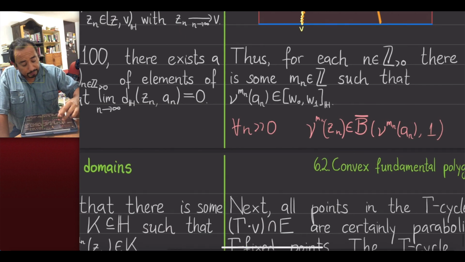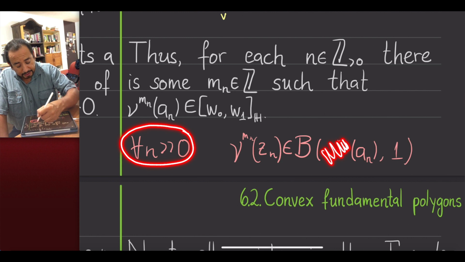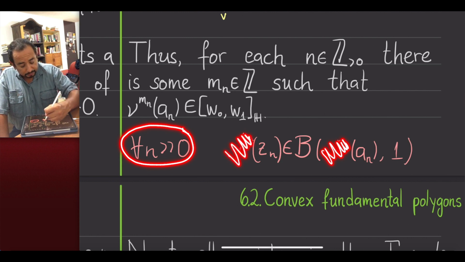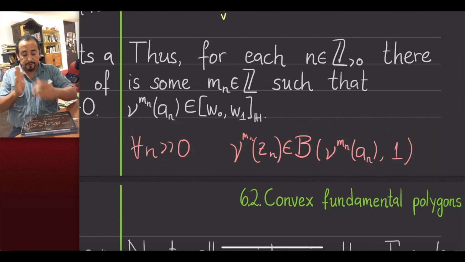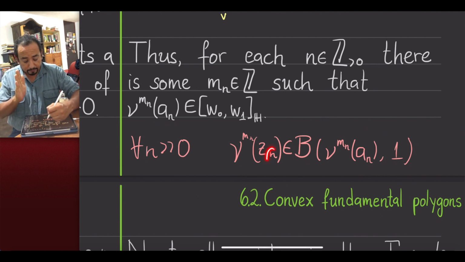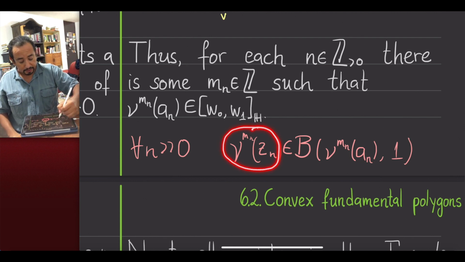Because if I consider the open ball of radius 1 around AN, then for all large n, Zn belongs to that ball, right? Because the distance between the nth terms goes to 0. So this means that from some subindex onwards, I have this belonging to this ball, right?